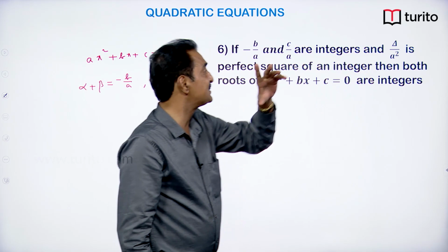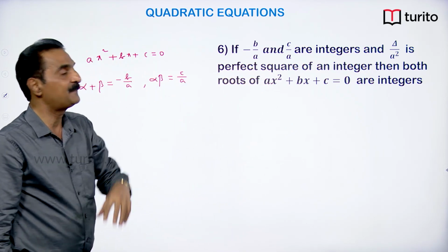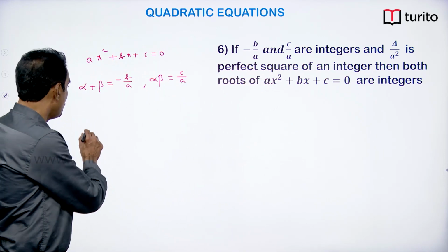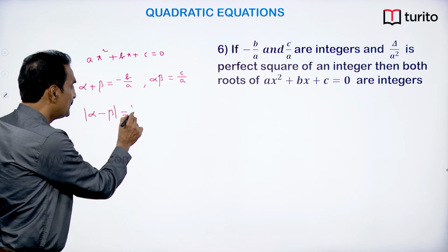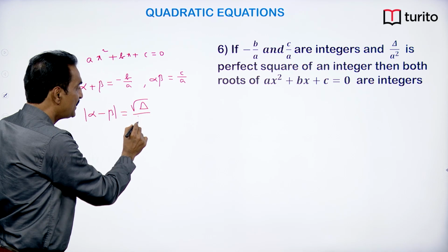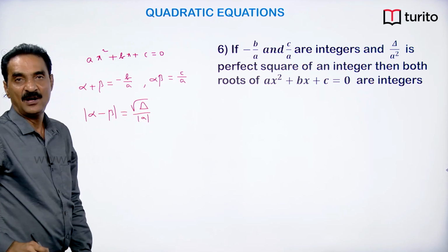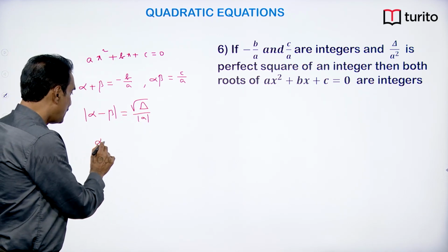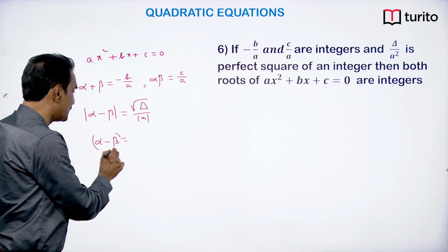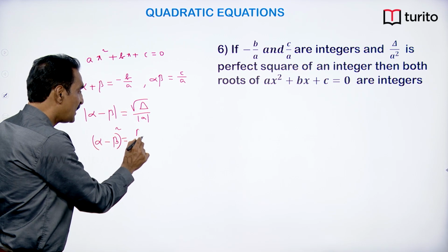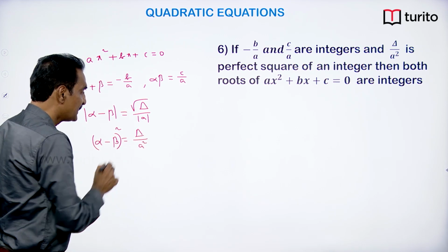if delta by a square is also a perfect square of an integer, we know that mod alpha minus beta is equal to root delta by mod a. Squaring on both sides, alpha minus beta whole square is equal to delta by a square.